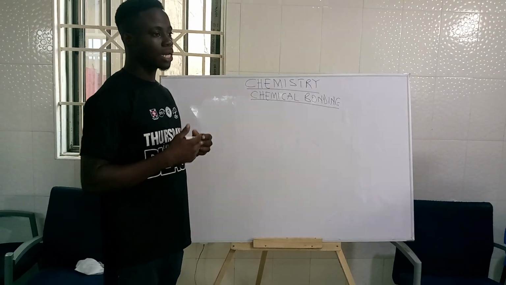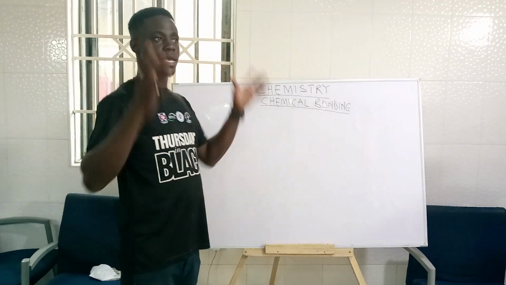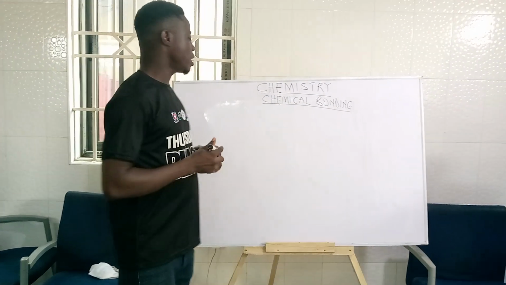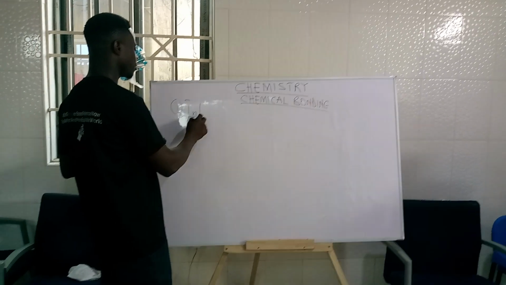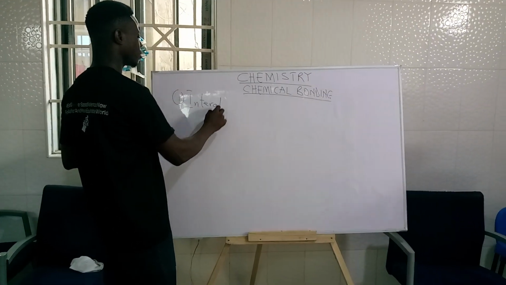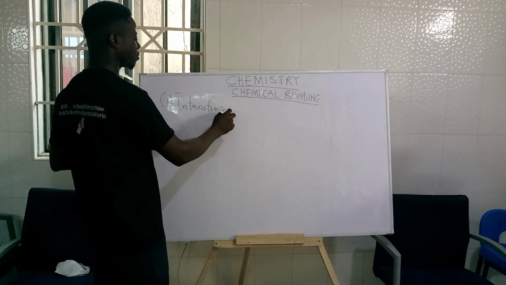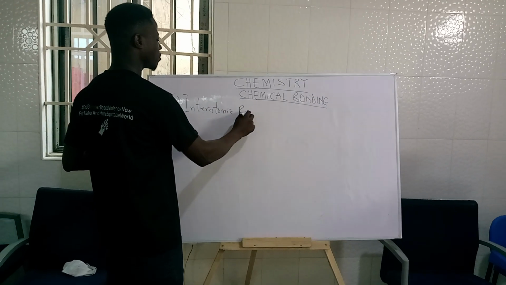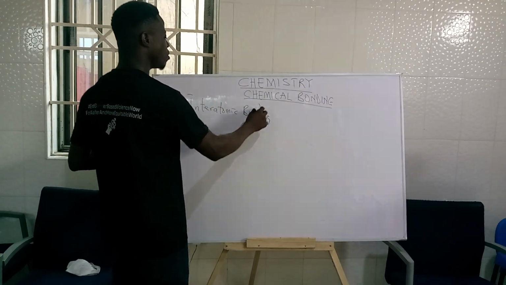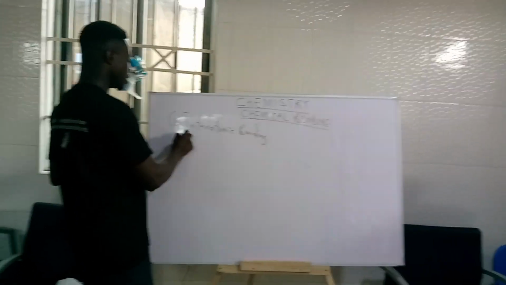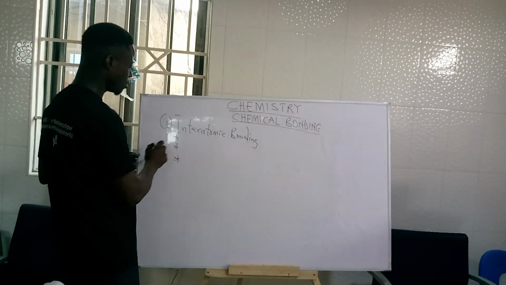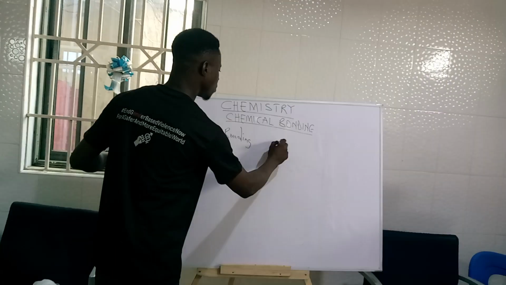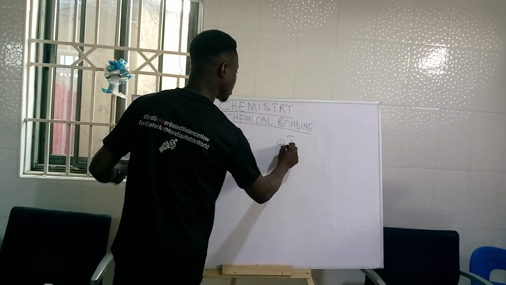We started by talking about the two main types, that is the interatomic bonds. Under these interatomic bonds, we looked at the various types of interatomic bonds. Then we also have the intermolecular.